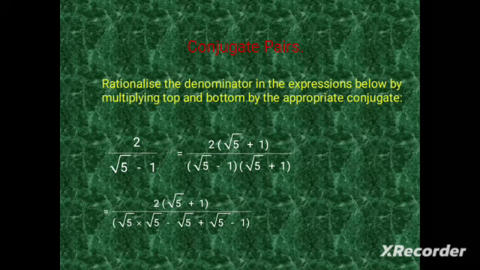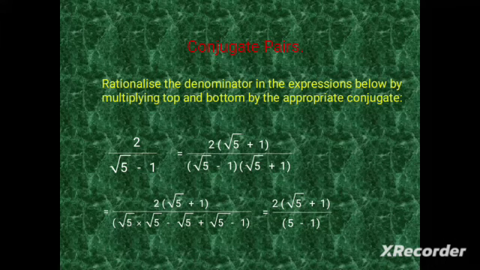So we'll get on the numerator 2 into root 5 plus 1 over 5 minus 1, because it is the square of root 5, so you get 5, then 1 squared, you get 1.